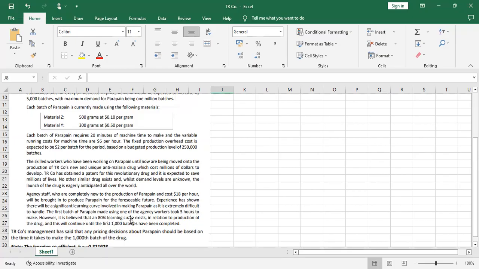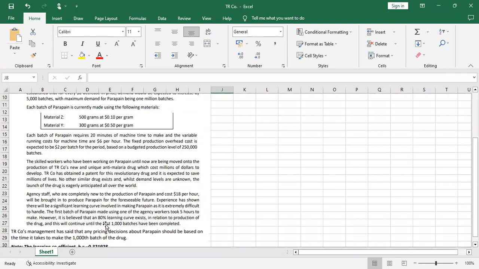The first batch of paraffin made by one of the agency workers took 5 hours to make. So we have learned that wherever we use the learning curve, we always start from the first batch. So the time for the first batch is 5 hours.